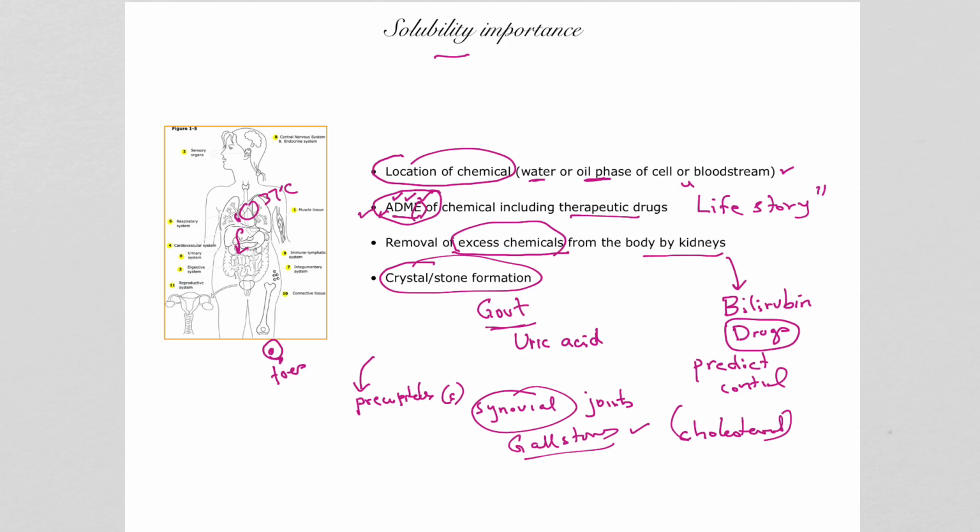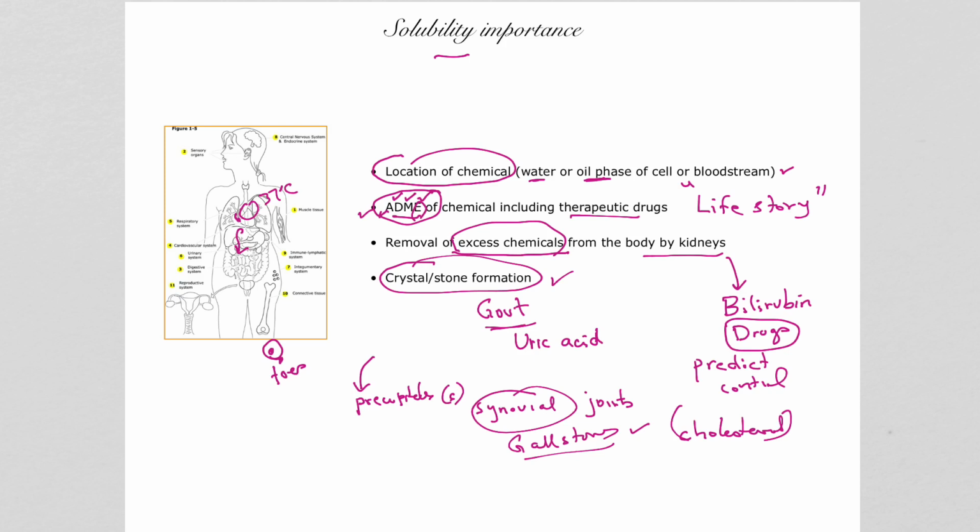So most patients with gallstones may not have any symptoms, while others may suffer from excruciating pain in the upper right part of the stomach. Okay, so two examples of stone formation that depend so much on solubility of chemicals in water.